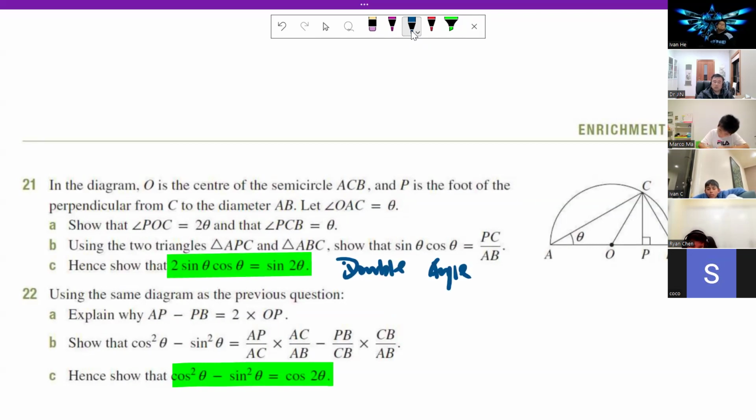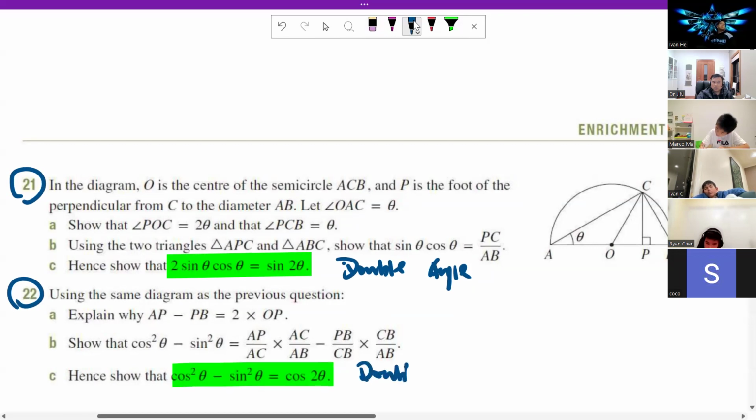We talk about sine 2 theta and cosine 2 theta. These two formulas are very, very important for Extension 1 and Extension 2, right? But now you're just learning it. So these two questions themselves are not particularly meaningful, but what is meaningful is these two formulas. If some students are very keen and interested to know new knowledge, these two are already presented.